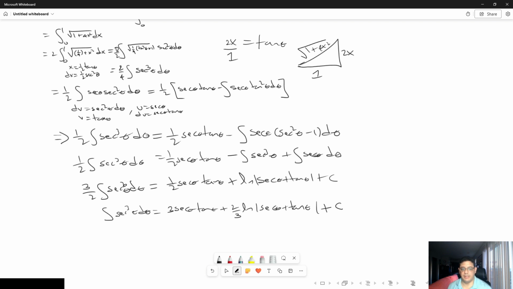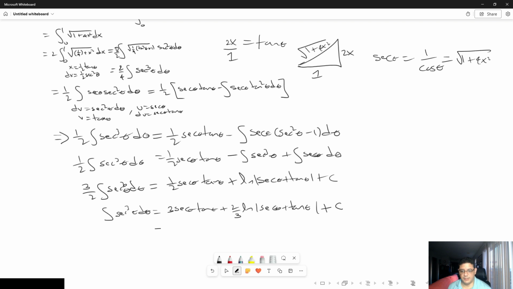And so we need the secant, so we need the cosine. So secant of theta is 1 over cosine, and the cosine is adjacent over the hypotenuse. So 1 over cosine will be just the square root of 1 plus 4x squared. So now we have all things: tangent is 2x and secant is this.